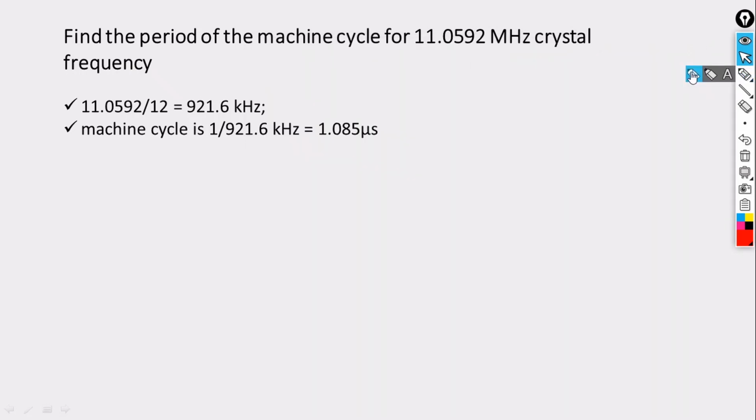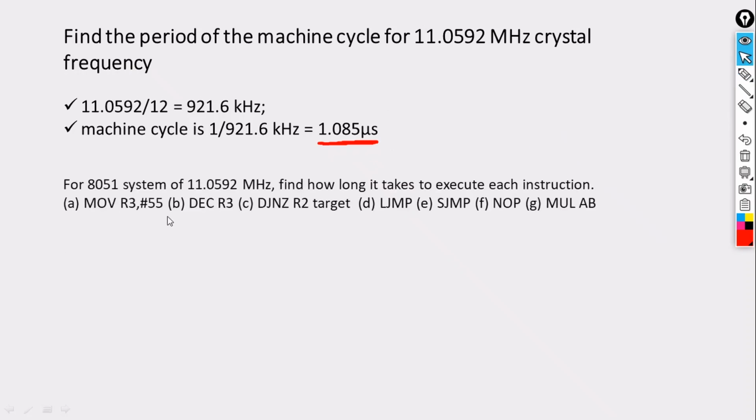So for one machine cycle, the time required is 1.085 microseconds. Let us look at some more examples.